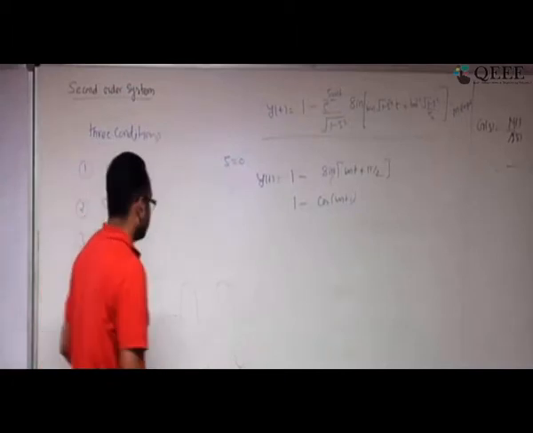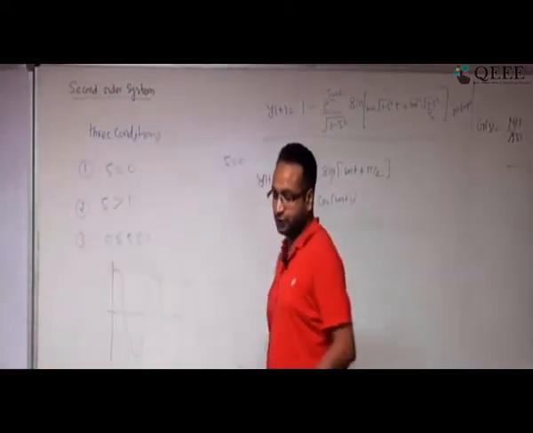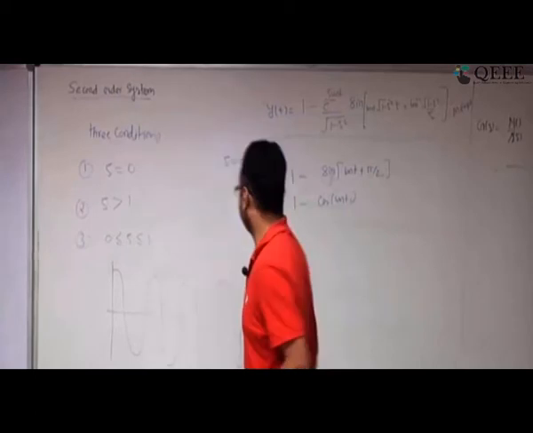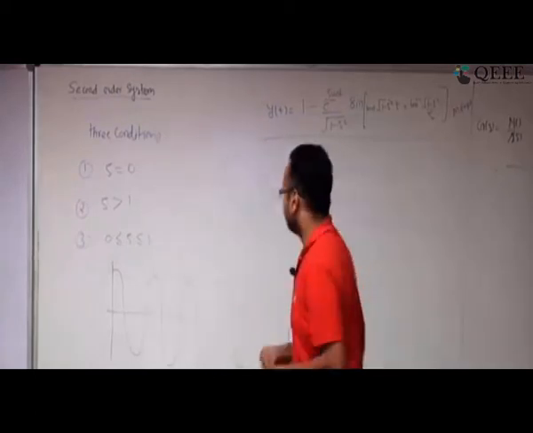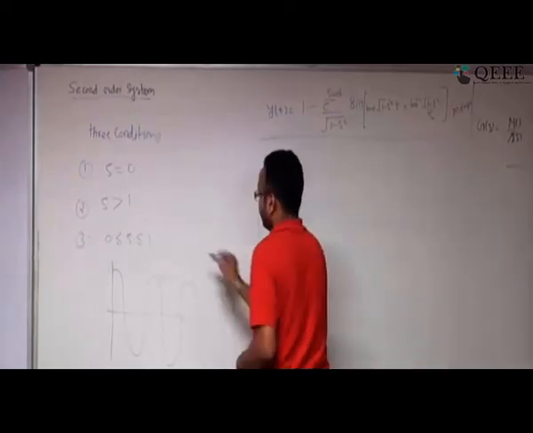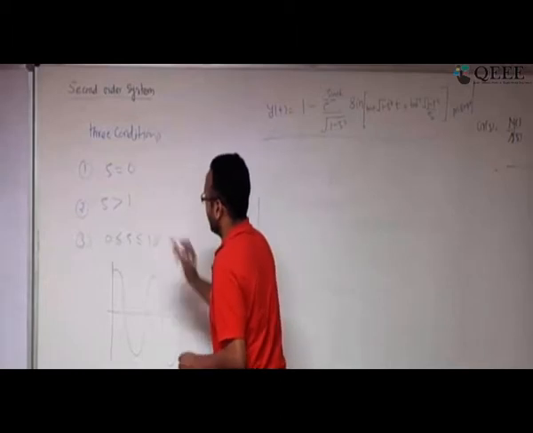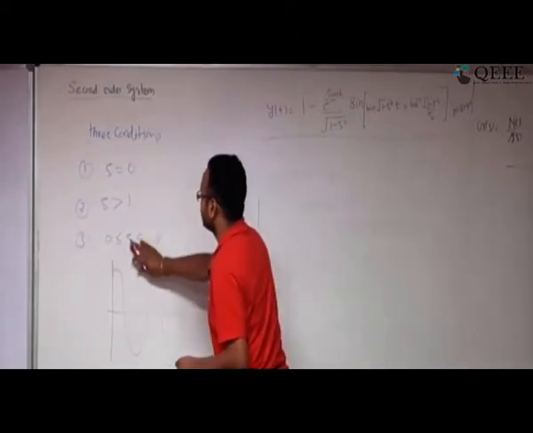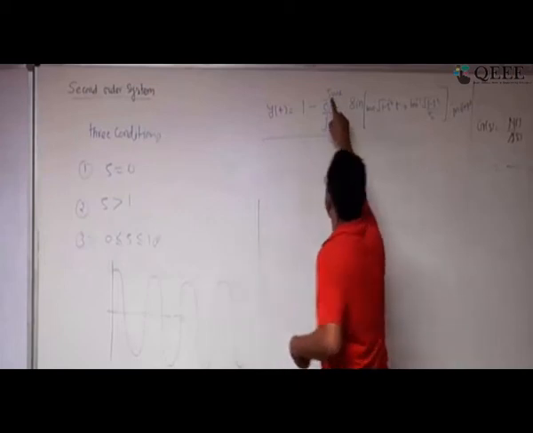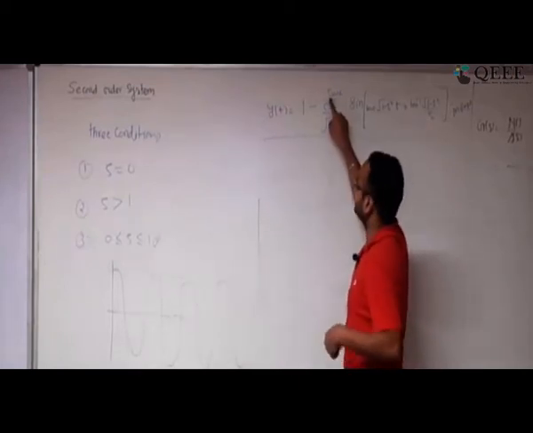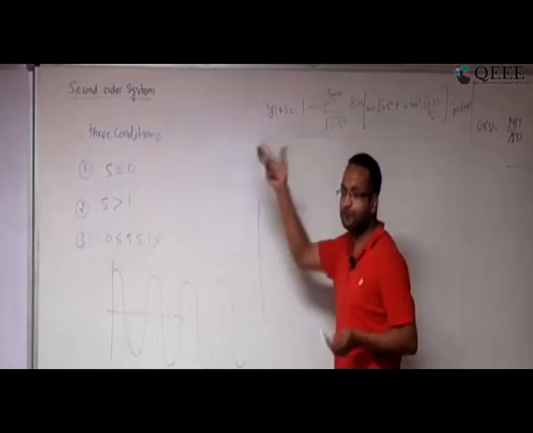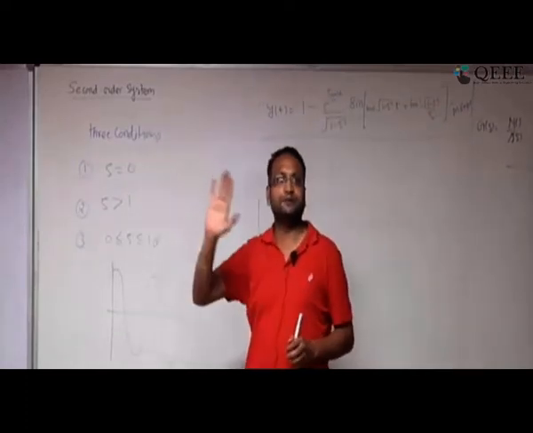Now, this is zeta equal to 0, where we say oscillatory behavior. Let me first understand this part. Please note that this terminology is my zeta, e to the power minus zeta omega n t. Some of you might use the term rho, but I am sticking to the term zeta.